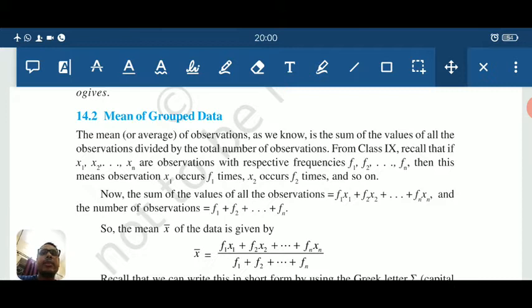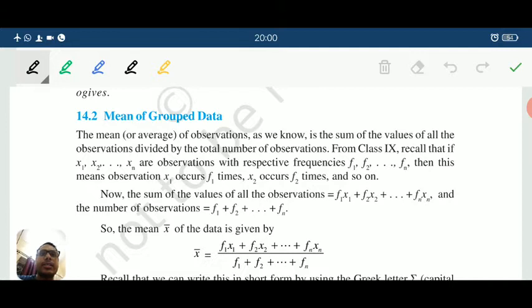In simpler terms, in our earlier classes we used to find the average, isn't it. The average was the sum of all observations upon the total number of observations. Suppose I have got 1, 2 and 3. There are 3 numbers.